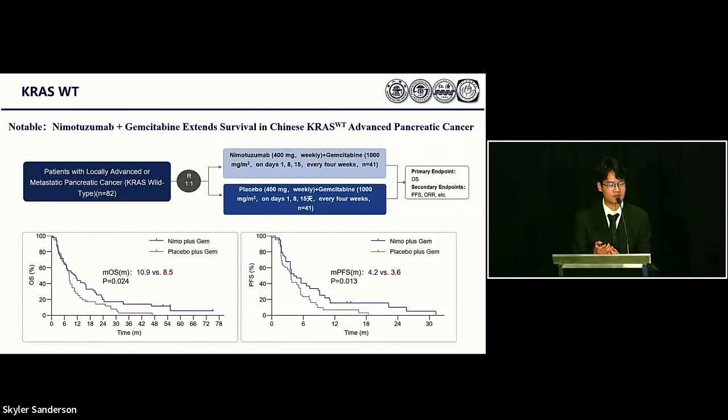We can see that the median overall survival was 10.9 months in the Nimo plus gem group, and the median PFS was about 4.2 months, both significantly higher than in the placebo plus gem group. And this regimen has been successfully recommended in the Chinese guidelines as first-line therapy for advanced pancreatic cancer patients with wild-type KRAS.